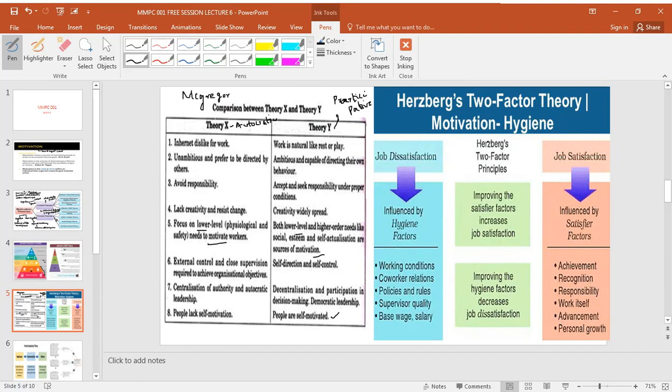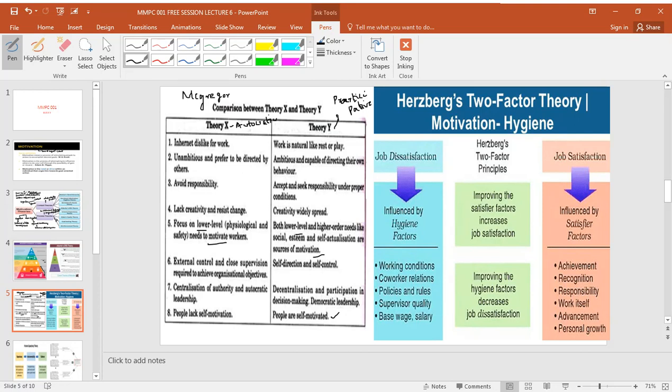This theory is otherwise known as two factor theory. The motivational factors are achievement, recognition, responsibility, work itself, advancement, and personal growth. So these all come under the motivational factors, right?